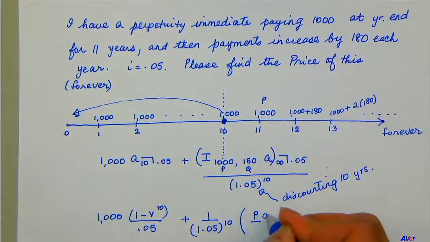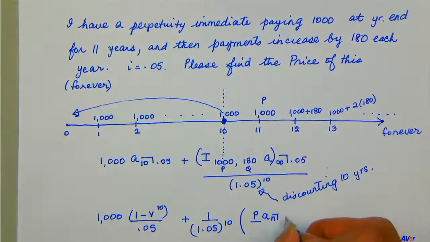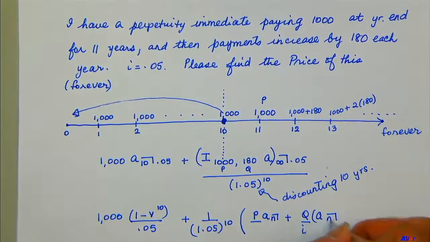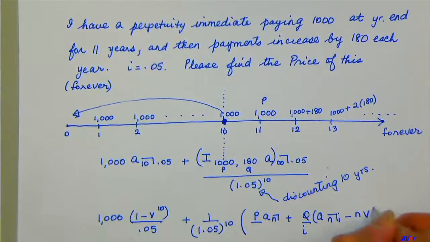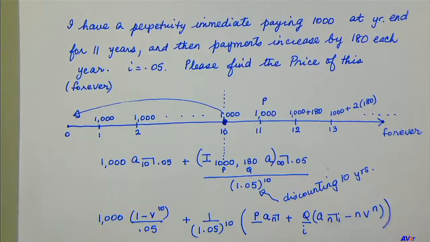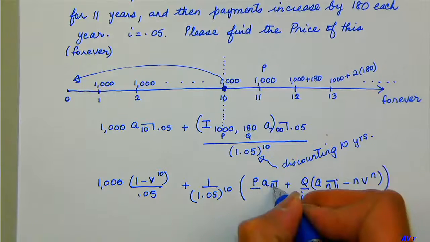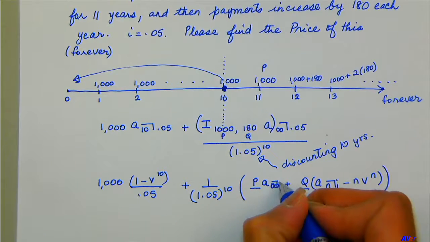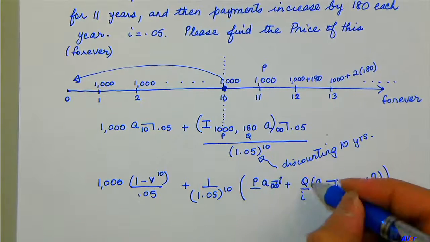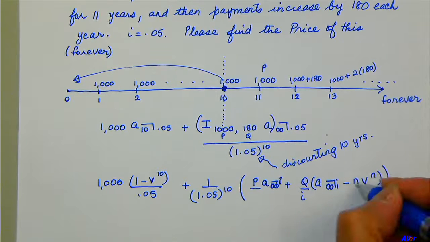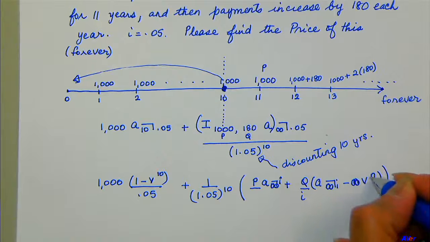P A angle N plus Q over I, A angle N I minus N v to the N. Correct? Yes or no? Only your N is infinity because this is a perpetuity. So let's change it. A angle infinity I plus Q over I, A angle infinity I minus infinity v to the infinity.